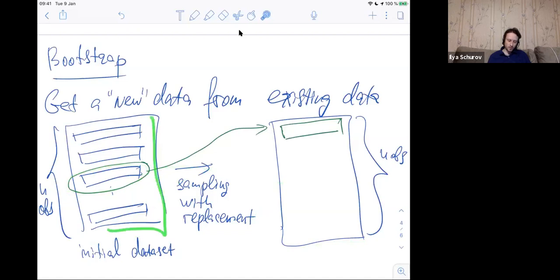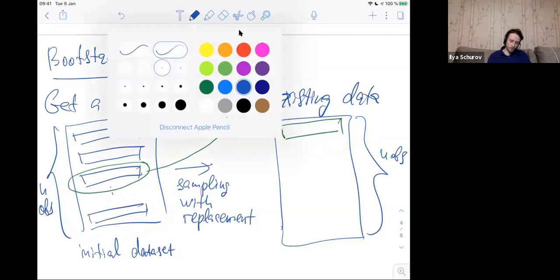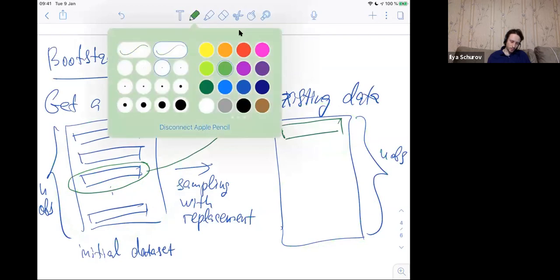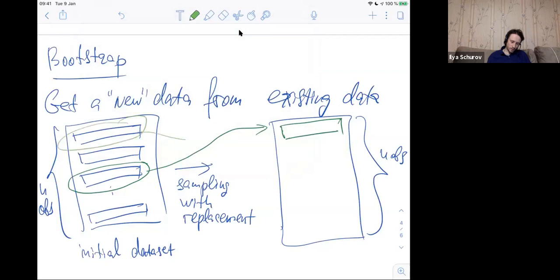Every time when I want to add a new observation here, I just pick one observation from here randomly. And I do not take into account the fact that I already picked, for example, this observation. So it is possible that my new data set is created in the following way. For example, this is my second observation.